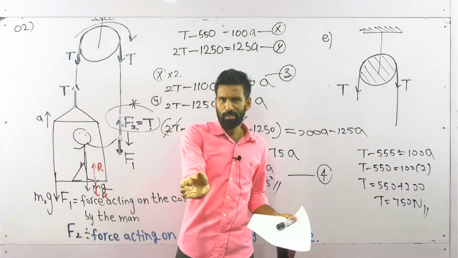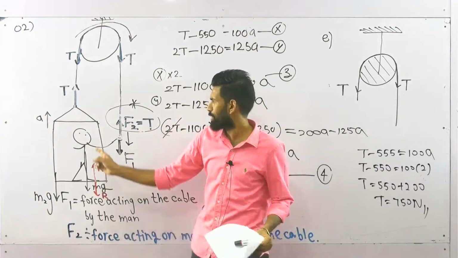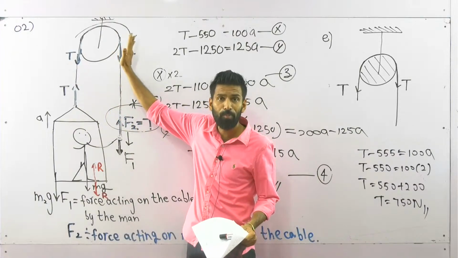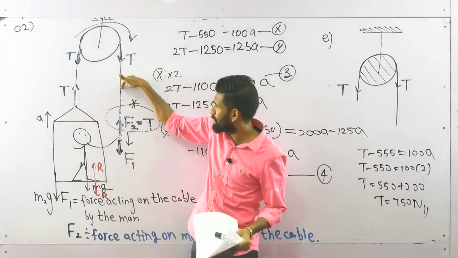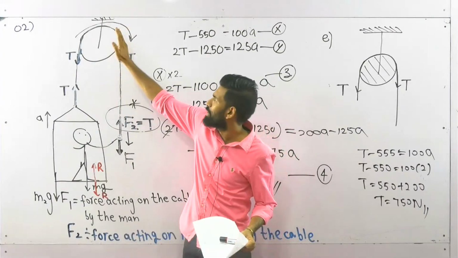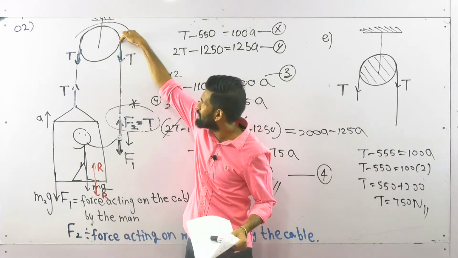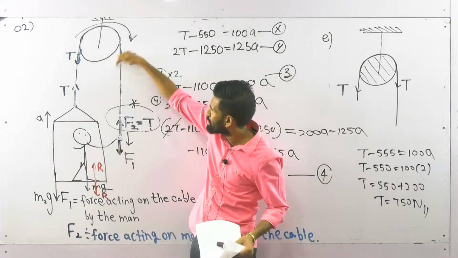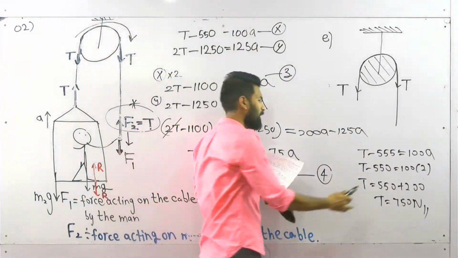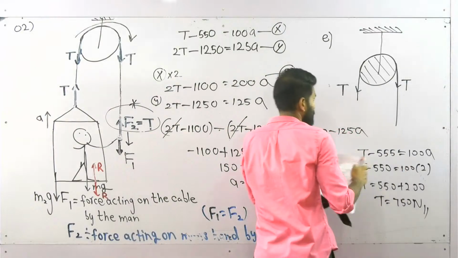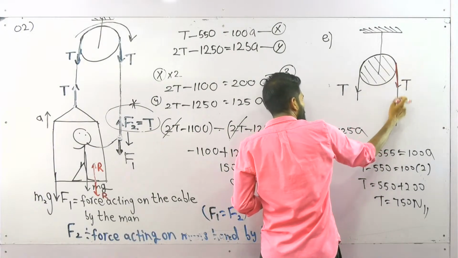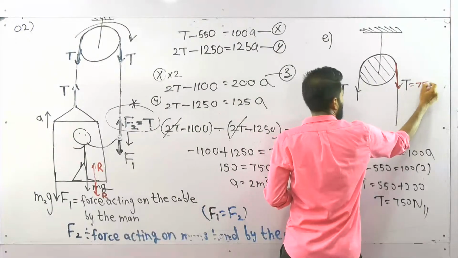Tension attracts the connected point towards the string itself, and it attracts the touched point of the pulley towards the string itself. The T value is 750, so it attracts the touched point of the pulley towards the string with 750.